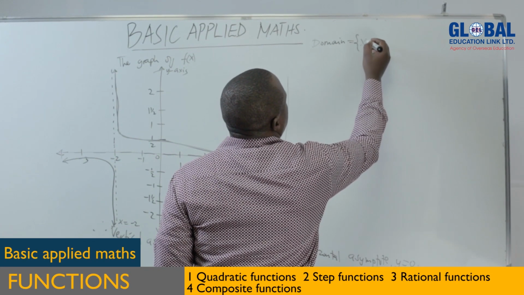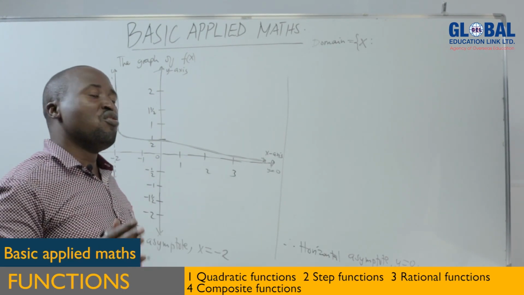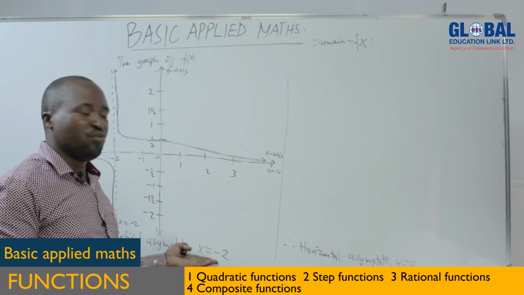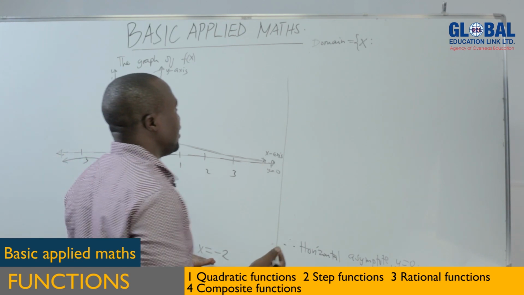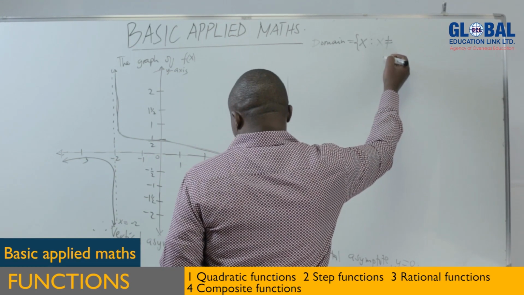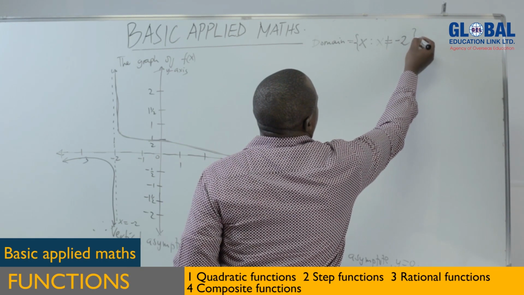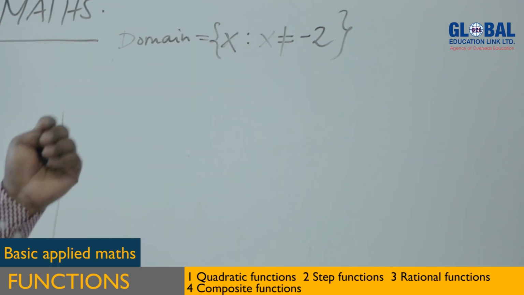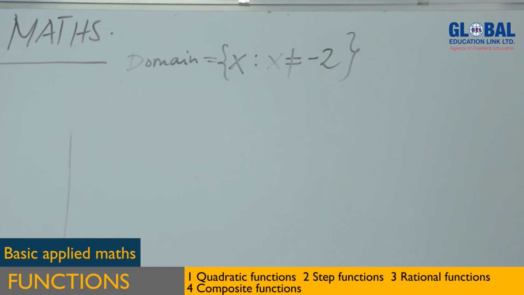So here x will be all real numbers except when it is -2. So the domain will be all real numbers except x is not equal to -2.